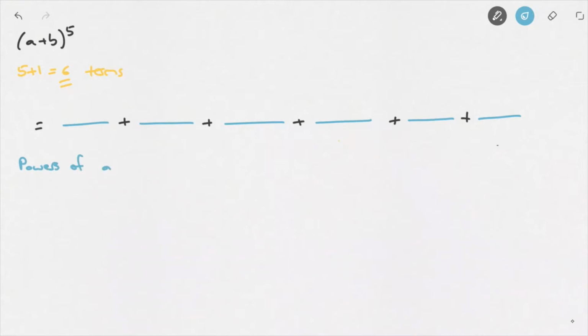Starting from 5, because we're raising this binomial to the power of 5, the powers of a should go 5, 4, 3, 2, 1, 0. So I'm going to go ahead and add those a's in these spots. The first one should have a to the power of 5, the second should have a to the power of 4, a to the power of 3, a to the power of 2, a to the power of 1, and a to the power of 0.